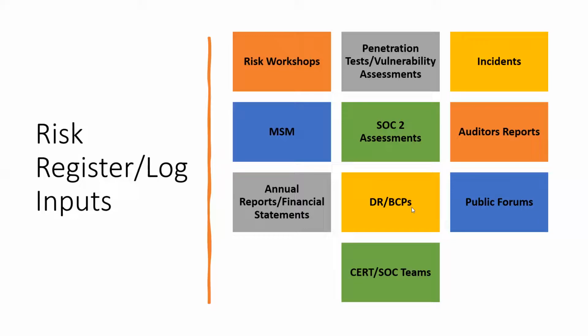Disaster recovery and business continuity plans, public forums, town halls, and then from our internal computer emergency response teams and our SOC teams. Where we identify risk, we document these in our risk log or risk register.